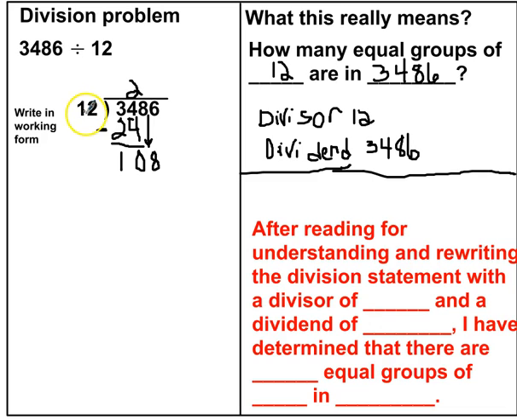Now, I have 12 and 108. And I'm going to think, how many times would 12 go into 108? What do you think? Talk with your table groups quickly, 30 seconds.